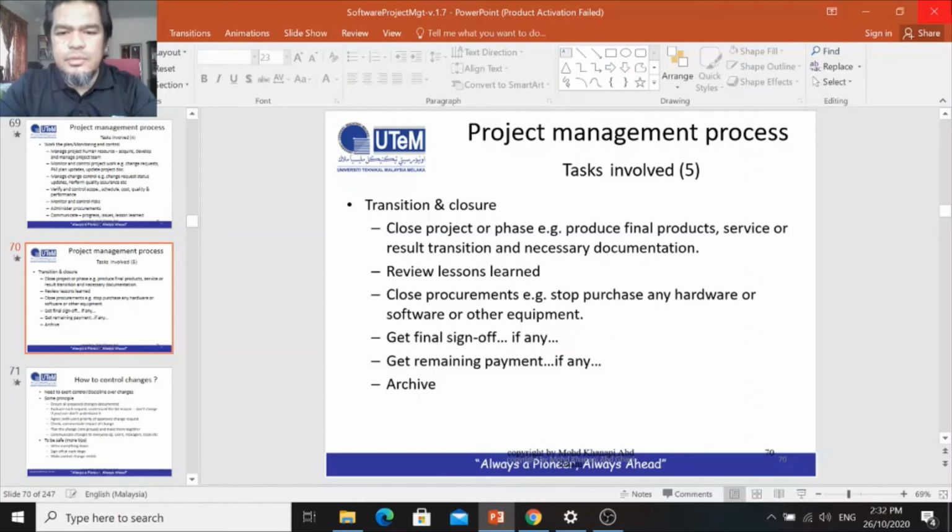This is very important. If you don't get the sign off, you cannot bill the customer, and get the remaining payment if any. And finally, you need to archive the project artifacts for later reference. Maybe these artifacts can be reused for other projects.